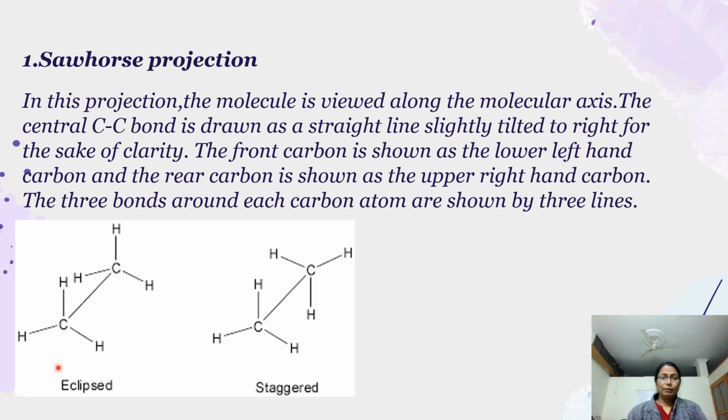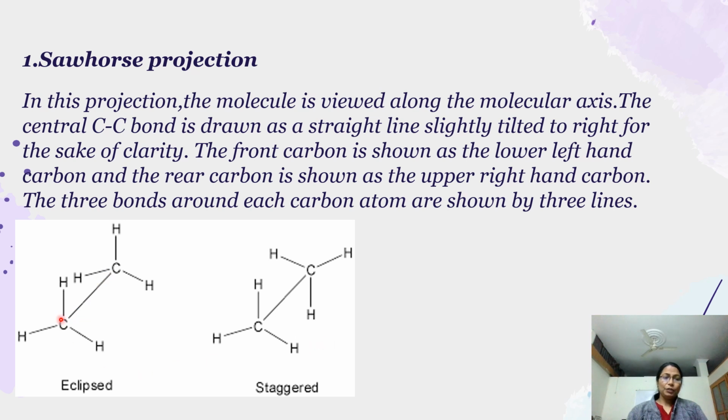और जो front carbon होता है आपका as the lower left hand carbon. ठीक है, and the rear carbon जो कि पीछे वाला कार्बन है is shown as the upper right hand carbon, and the three bonds around each carbon atom are shown by the three lines as you can see in these pictures.